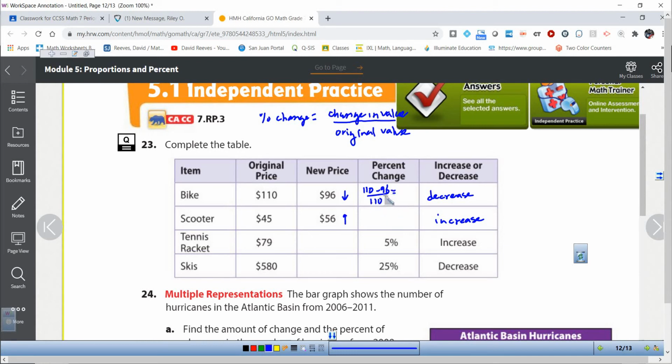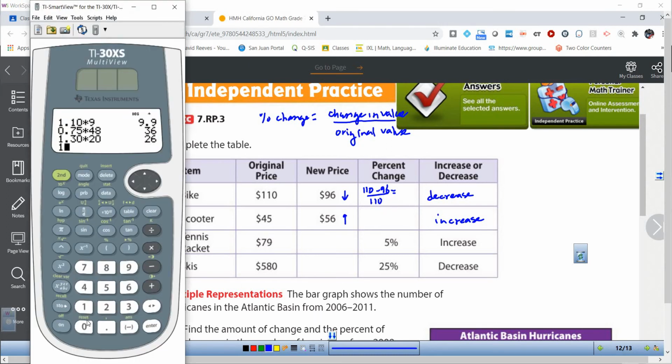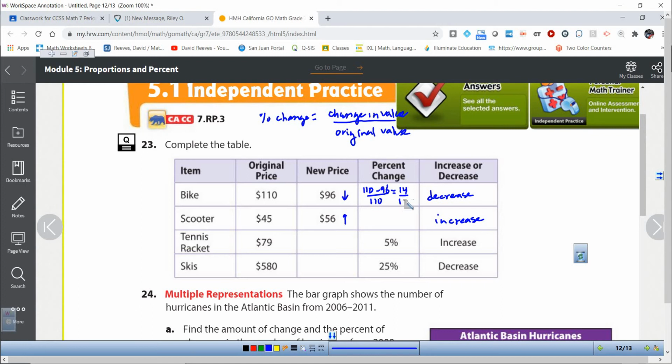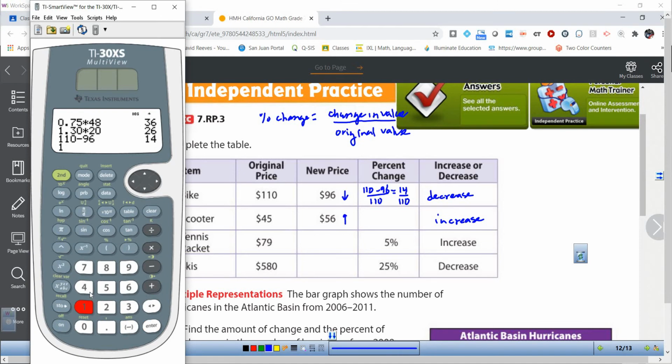Well, 110 minus 96, you could do mental math, or you can go to your calculator. What are we going to get? 14, I believe, as our answer. We get 14 over 110. Now, we want to change that to a decimal, so we go 14 divided by 110, and we get 1.033. So what do we have here?